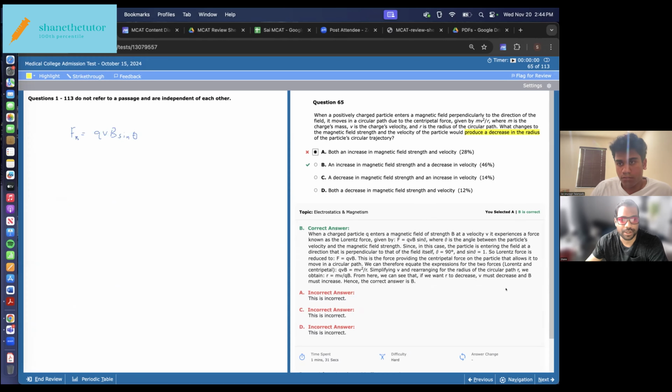So if the charge velocity is perpendicular to the capital B, which is the magnetic field, the sine term will just be one, right? If it's 90, yeah.